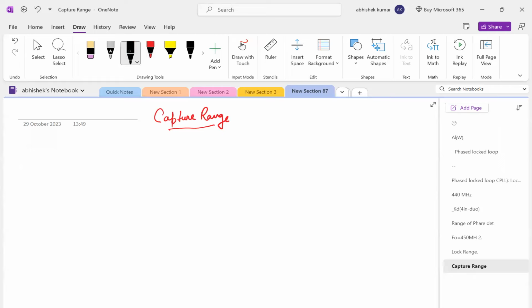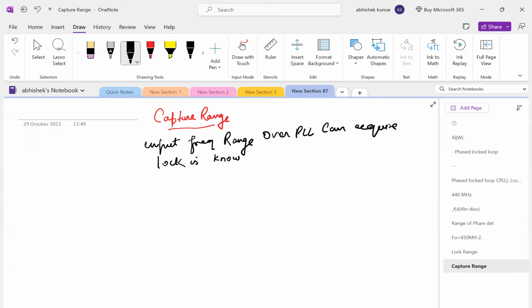And the capture range is usually very much less than the lock range.